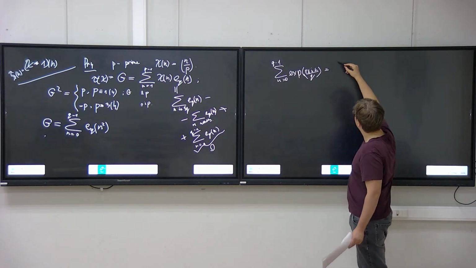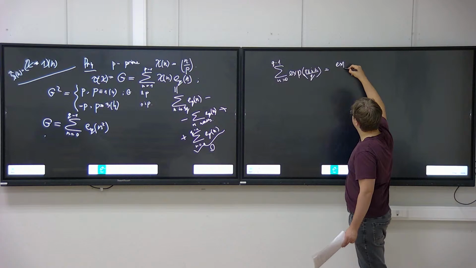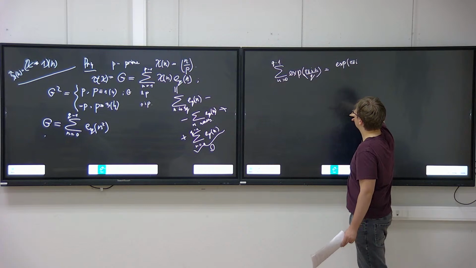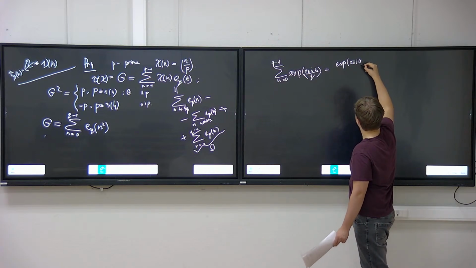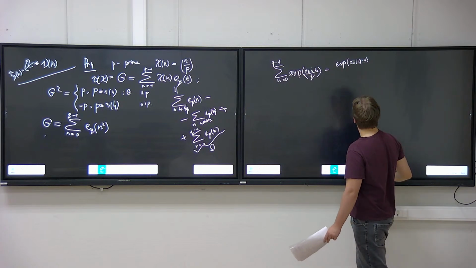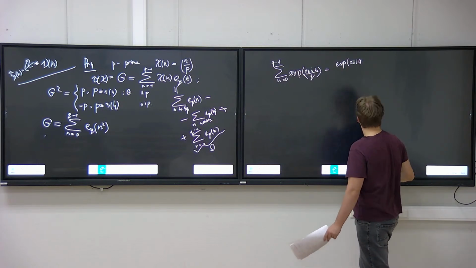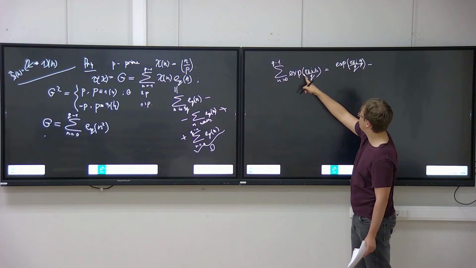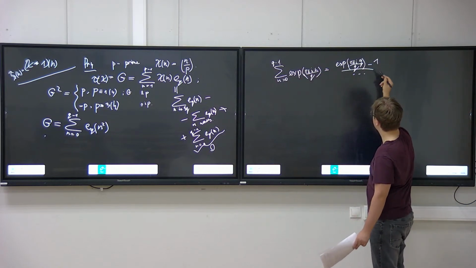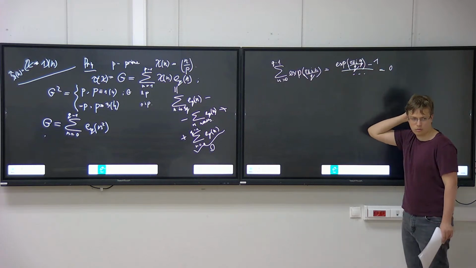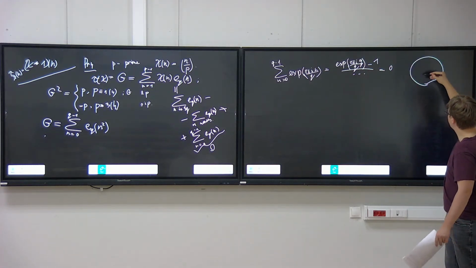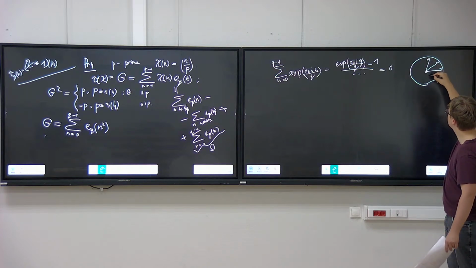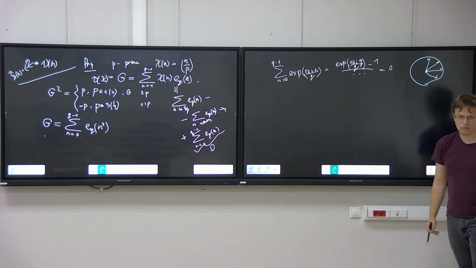So this is exponent of 2 pi i, q over q minus the same at 0, minus 1, divided by, this is 0, because у нас сумма по корням q-той степени из единицы, но она 0, конечно. Что, правильно?